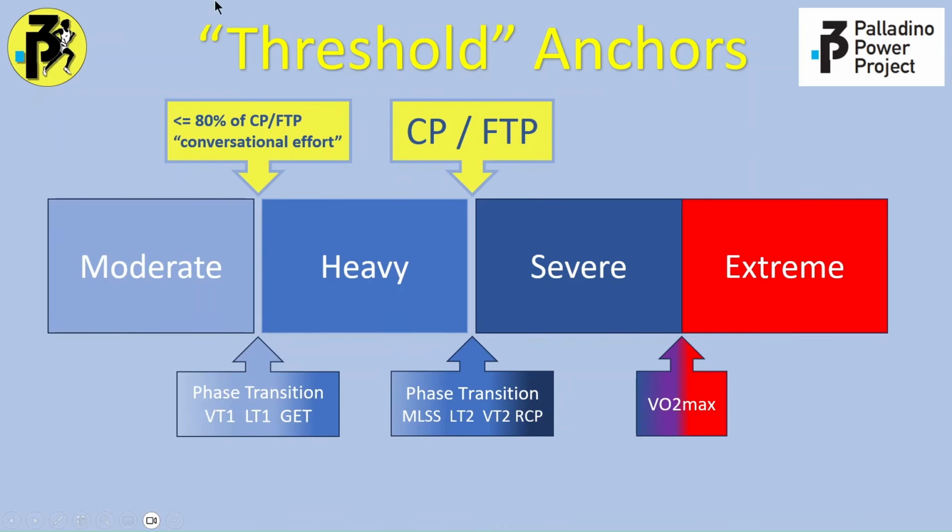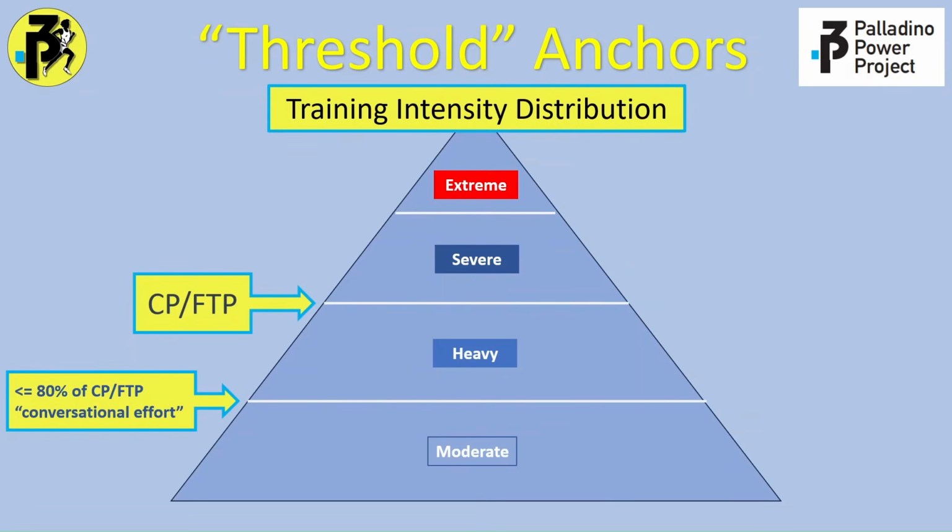These are the most important, because if I look at this didactic type of chart and convert it into the common training intensity distribution, a pyramidal training distribution, most of our training is at the base of the pyramid, then the next most, and the next most, and the least up here in the extreme domain.